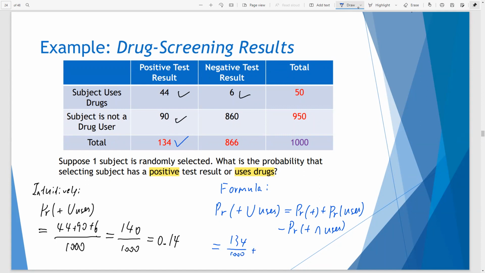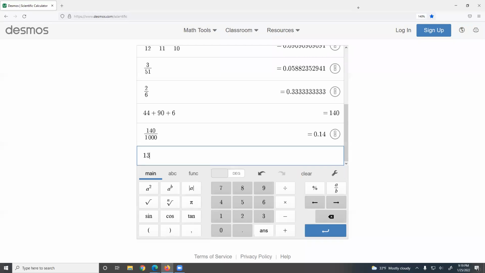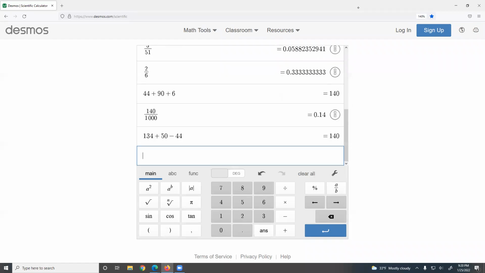Those who use drugs is the row, that's 50. And take away the overlapping, positive and uses drugs, that's 44. The result should still be the same: 134 plus 50 minus 44 should be 140.